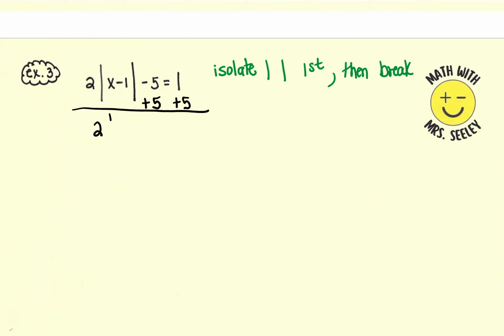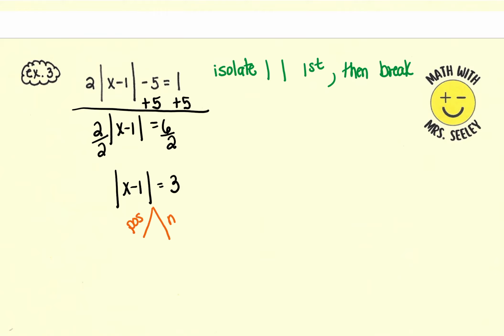That gives me 2 times the absolute value of x minus 1 is equal to 6. Then this is attached by multiplication, so I will do a division and have the absolute value of x minus 1 is equal to 3. Now that it's isolated, we're going to break it into the positive and break it into the negative.